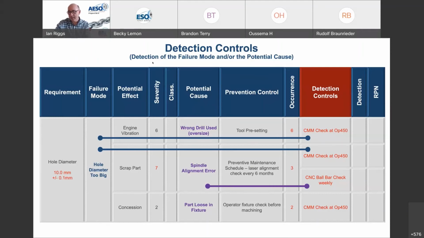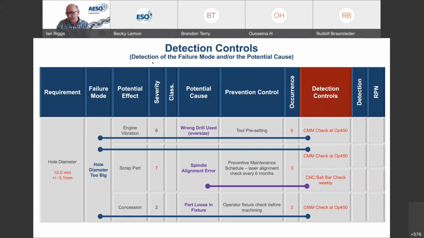Okay. But for spindle alignment, if you notice, we've also got something called a ball bar check that the operations team carry out every week. So it's not preventative, but it's just a check to make sure that the alignment is still within limits.